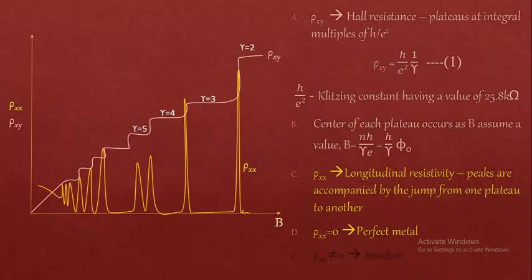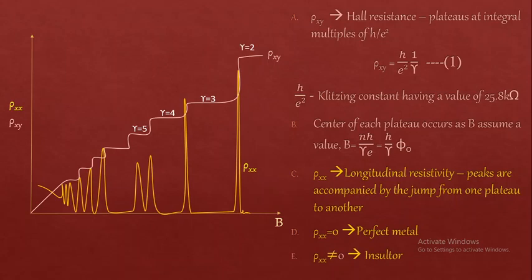So when rho xx is equal to 0, it means resistivity is 0. And whenever resistivity is 0, its reciprocal, which gives us conductivity, is maximum, or we can say infinity. That is the case for a perfect metal or a perfect conductor. That's why when this longitudinal resistivity is 0, we can say that our system, which is two-dimensional in nature, acts as a perfect metal.